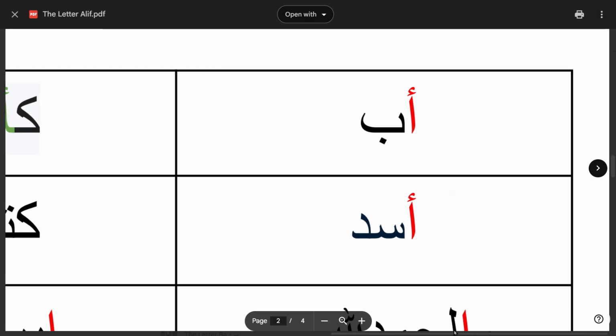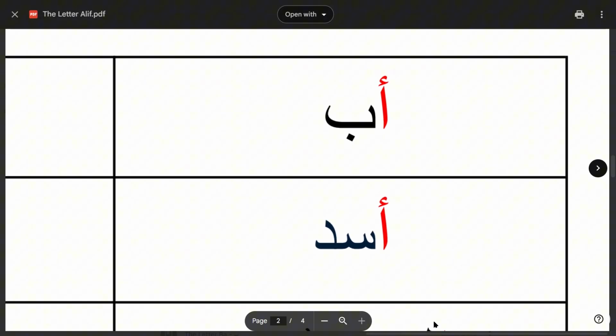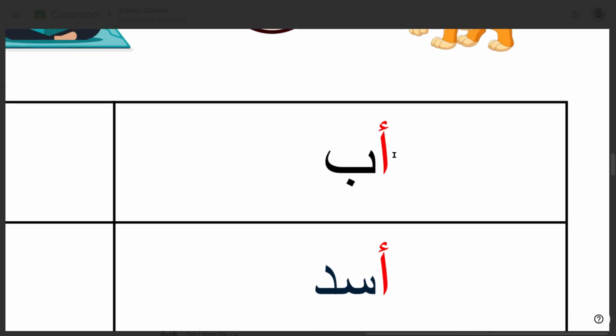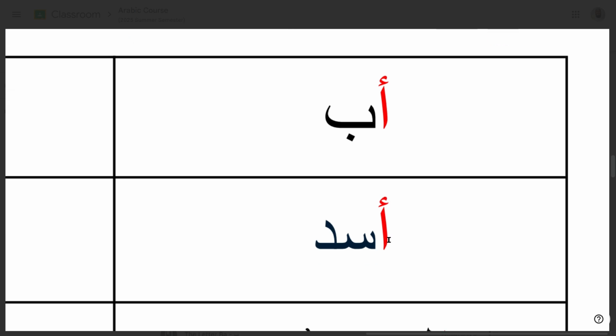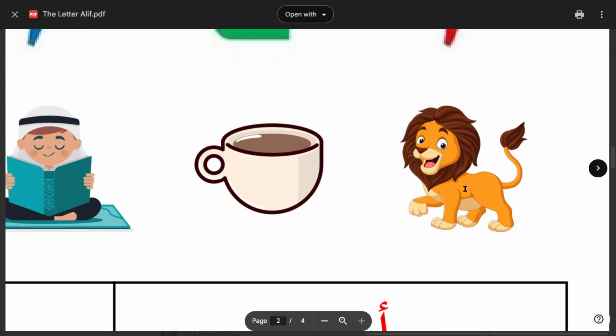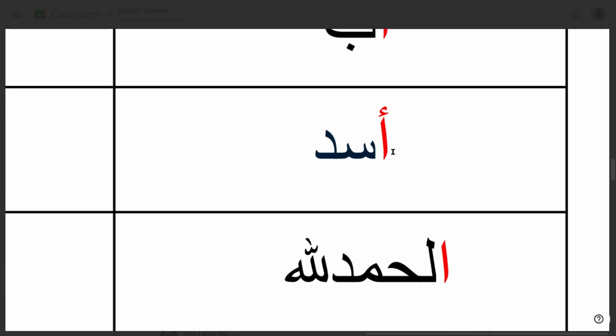Okay, alif in its initial form, which is its isolated form. By itself, we have ab, which means when we say abu, father, ab, alif right here. Right now, we're actually just recognizing the positions. Asad, lion, asad, right here.